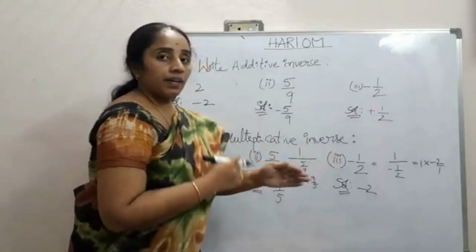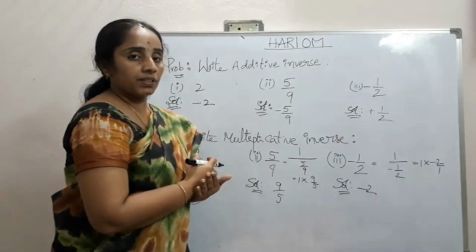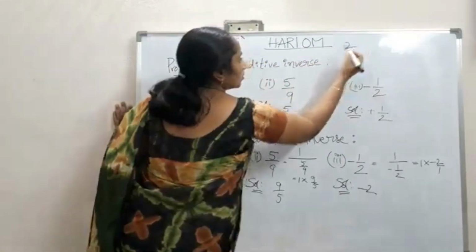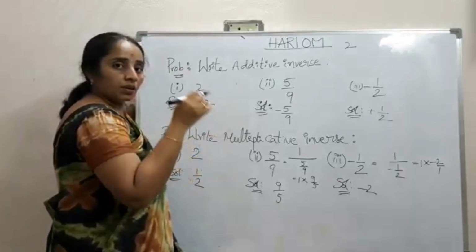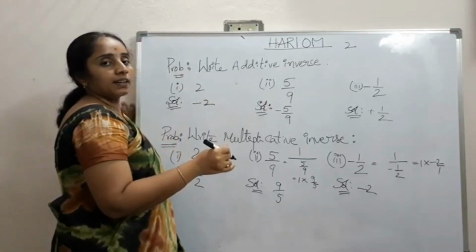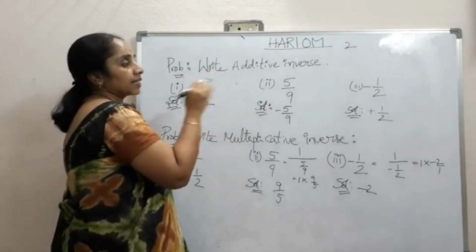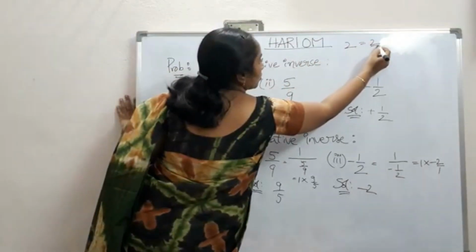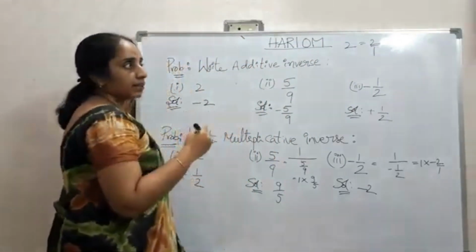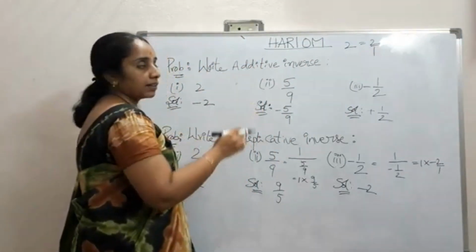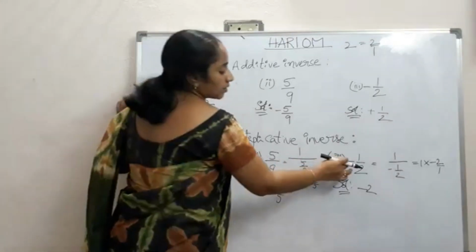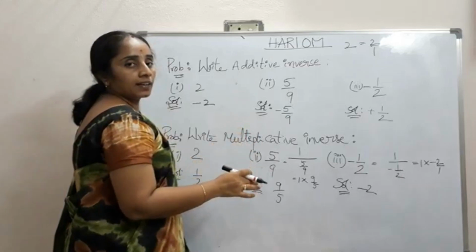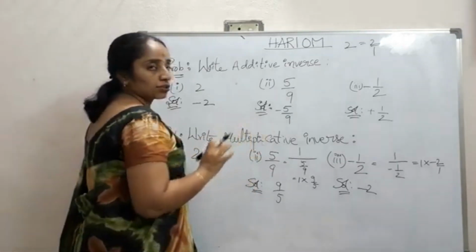As you know, while discussing the definition of rational numbers, I told you that 2 is a natural number, whole number, integer, as well as a rational number. Why? Because we can write this 2 as 2 by 1. Here minus 1 by 2, its multiplicative inverse is minus 2 by 1, which is nothing but minus 2.